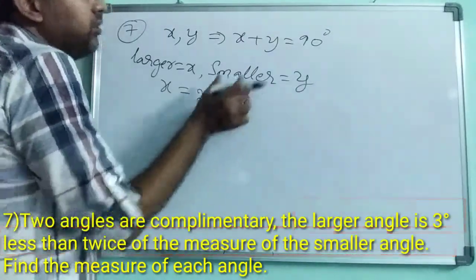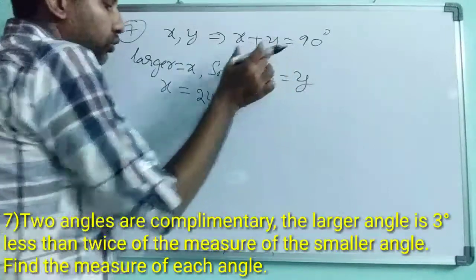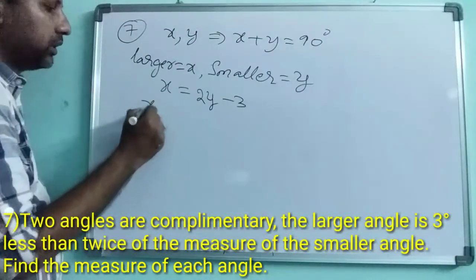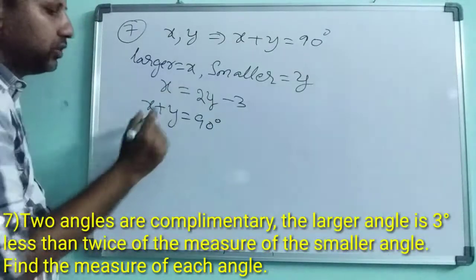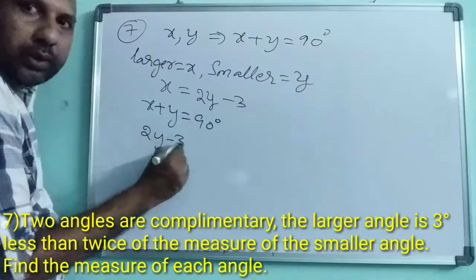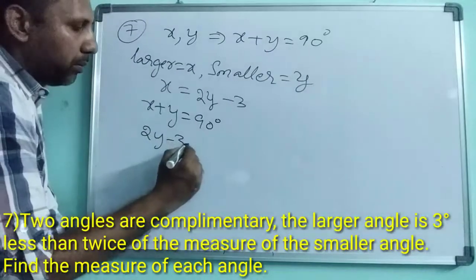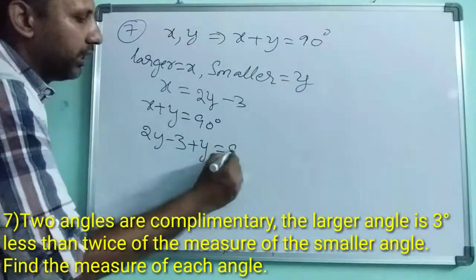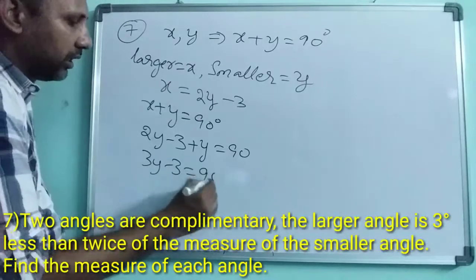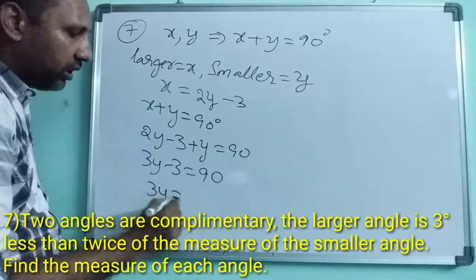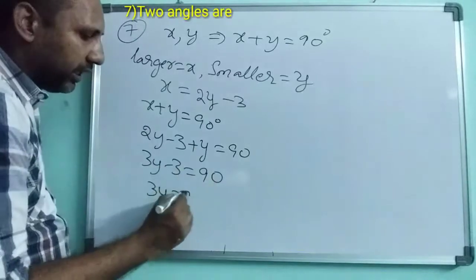This 2y minus 3 we will substitute in the equation x plus y is equal to 90 degrees. In this we will substitute x, which is 2y minus 3. 2y minus 3 plus y is equal to 90. 2y plus y is 3y. 3y minus 3 is equal to 90. 3y is equal to 90 plus 3, 93.